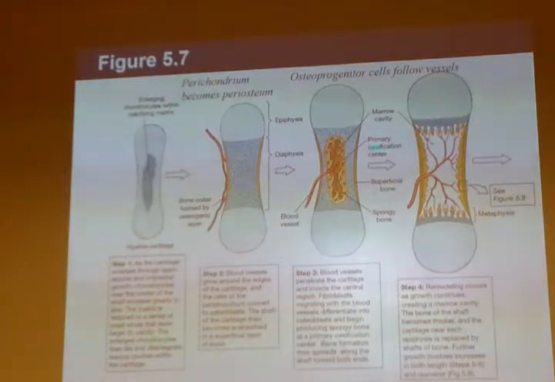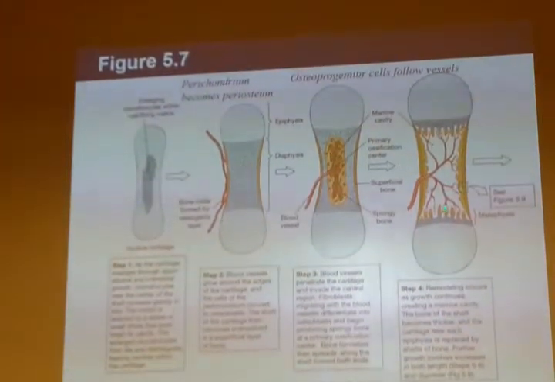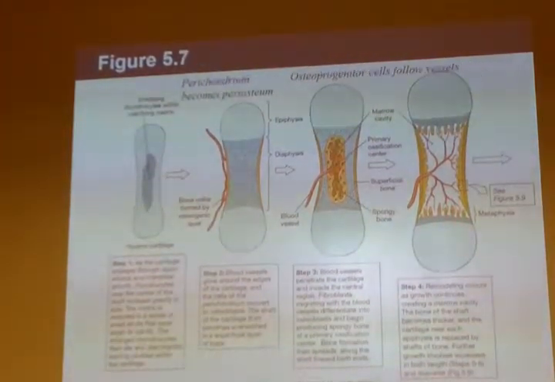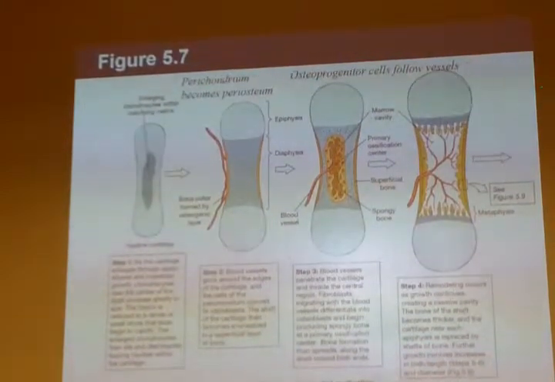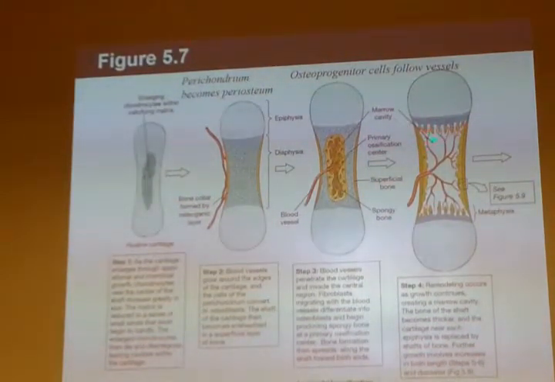So the cartilage will continue to die until you're left with just bone on the inside and bone on the outside. There'll be little bony spicules, just like in dermal bone formation, that will be most prominent at either end. And you'll be left with cartilage that is continuing to replicate, and this will be your metaphysis.